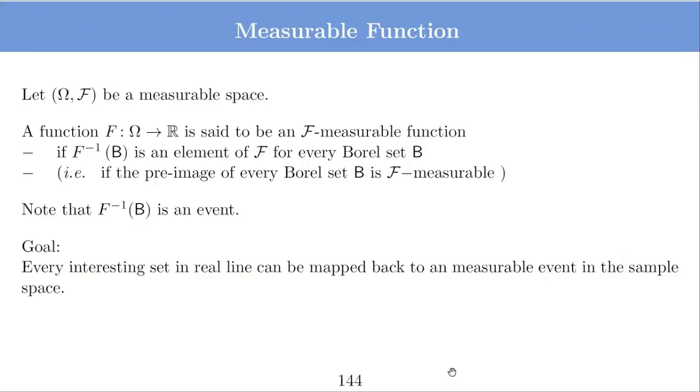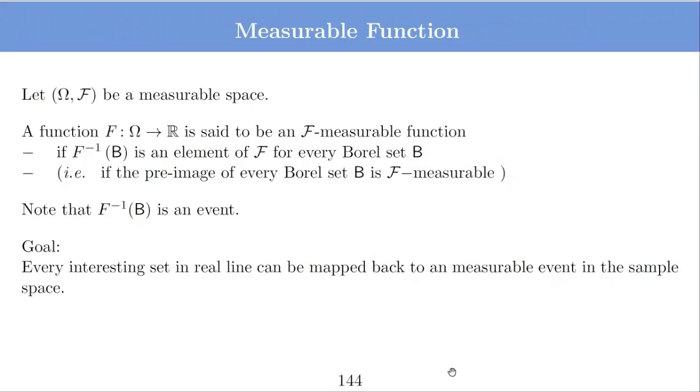So if you take any such Borel set, then the pre-image of it under f should be inside F. It means if we take a set B and try to find all outcomes which map to an element inside this set, then the collection of these outcomes should be in F, which means it should be a measurable set.